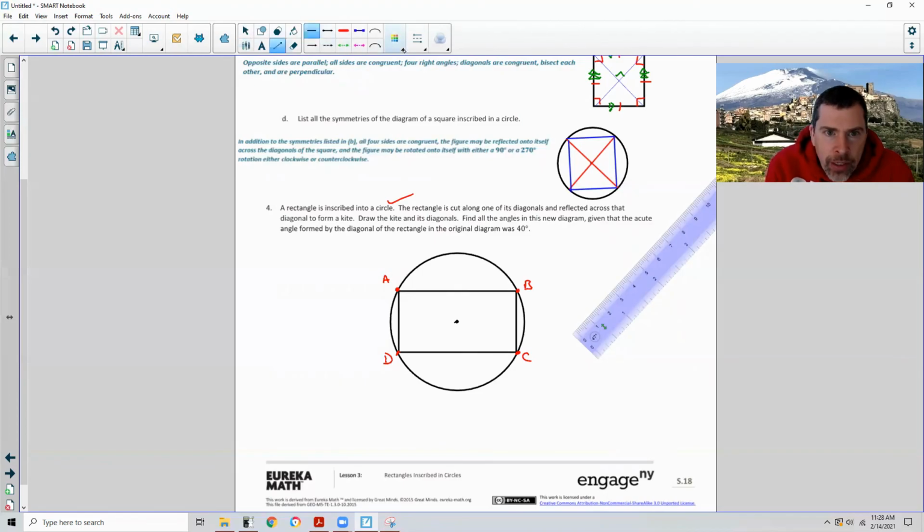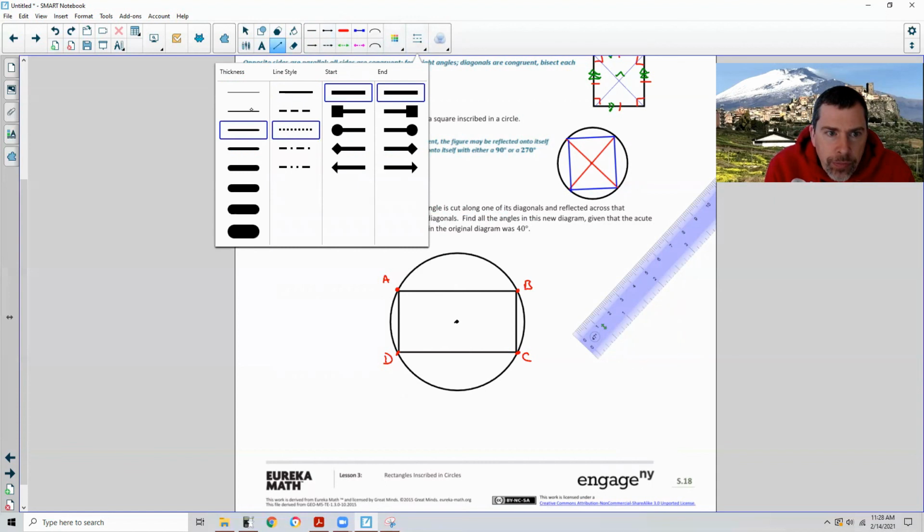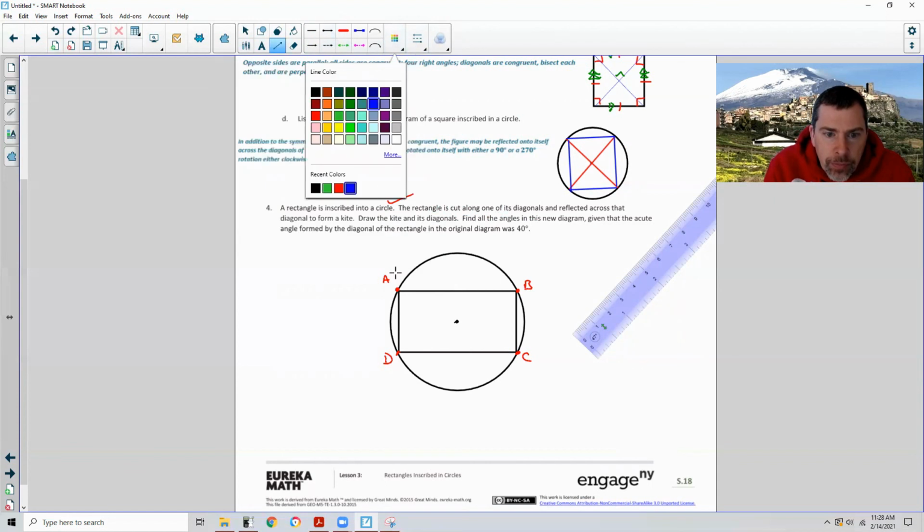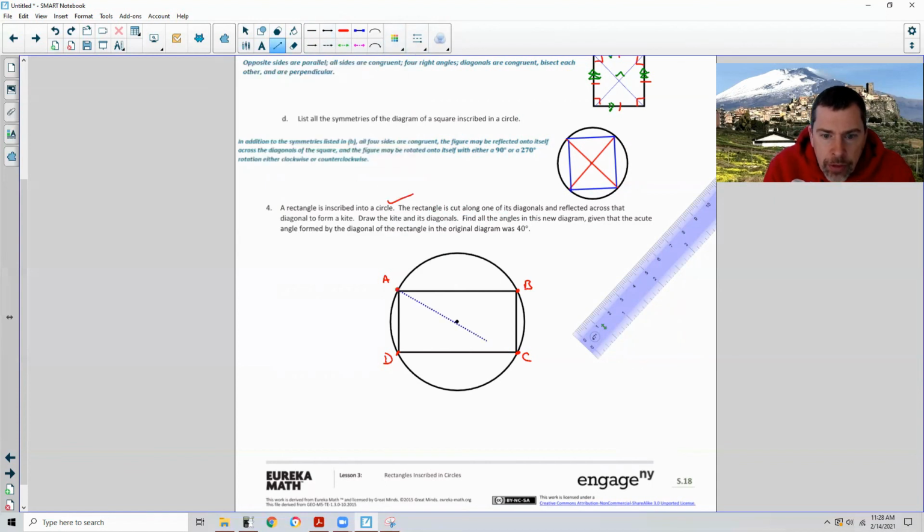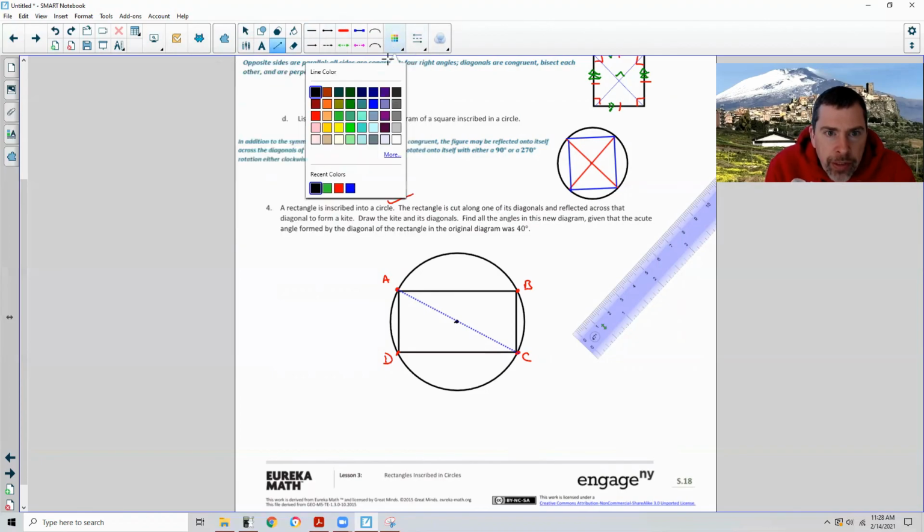The rectangle is cut along one of the diagonals. So now I'm going to draw a diagonal from A to C. Okay, so what they're saying is cut this. So now I'm just going to trace. That's the joy of doing this with a program. Let's make it green.